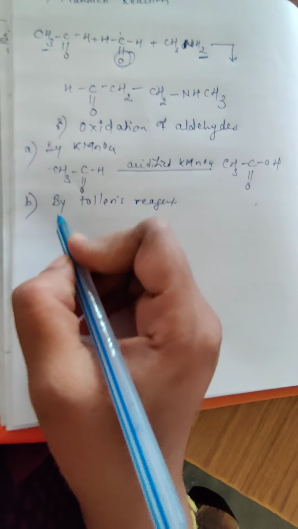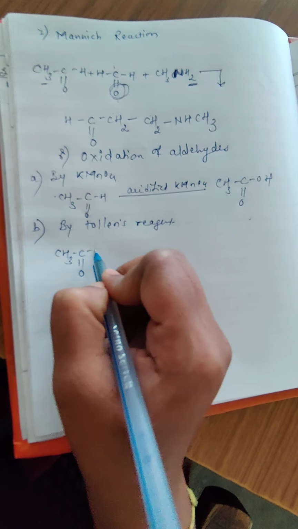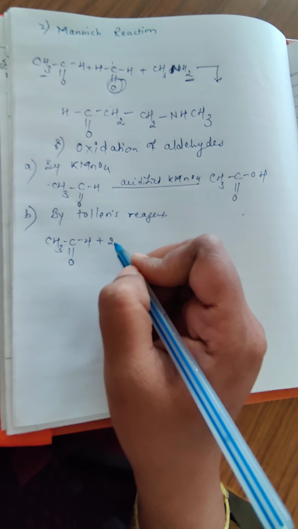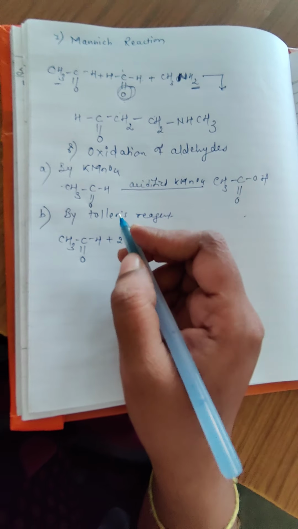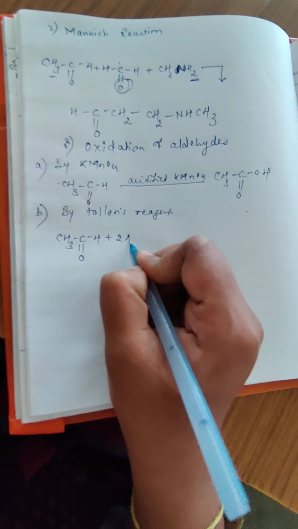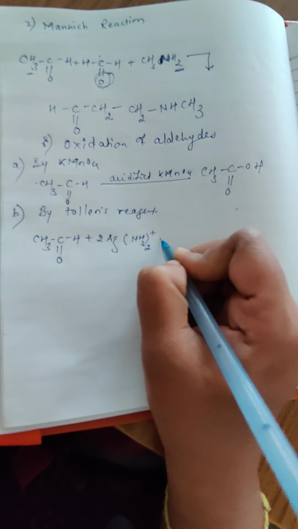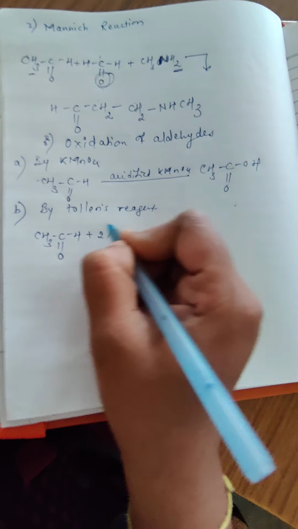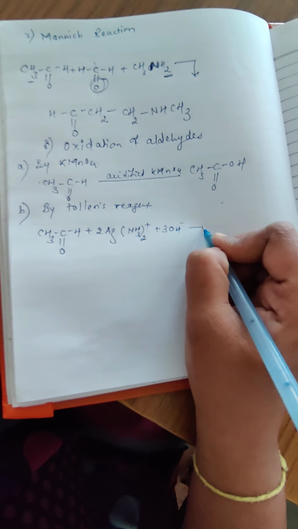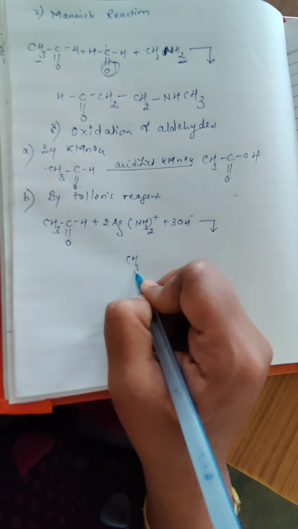So let's start with the reaction. First we are taking the aldehyde, acetaldehyde. That acetaldehyde reacts with an ammoniacal solution of silver nitrate, that is, Tollens reagent. So this is Tollens reagent, because we are using an ammoniacal solution, and here it gets oxidized. So this aldehyde gets oxidized to acid.